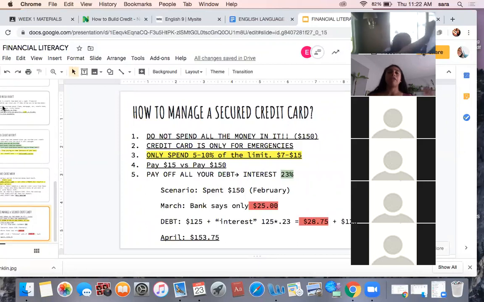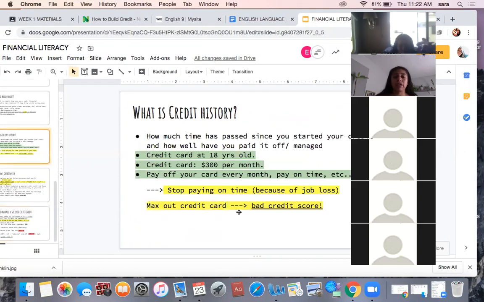But if you've ever borrowed money from a bank, from a payday loan, whatever amount, you start your credit score, your credit history. And history is just: have you paid on time? Yes. Have you paid on time? No. That's what history is. It tells the bank or the people, this person, we can trust them. When she borrows money, she pays us back. That's what a credit history is.